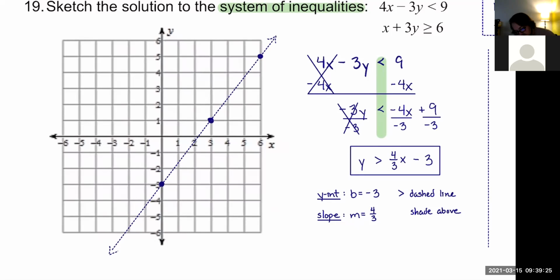So just as a reminder, what I usually do is just very lightly identify which side of the line we shaded on with respect to this one. Because when I come back later, we're going to have to put a second one over top of it. So there's the first linear inequality graphed on our coordinate plane for us.